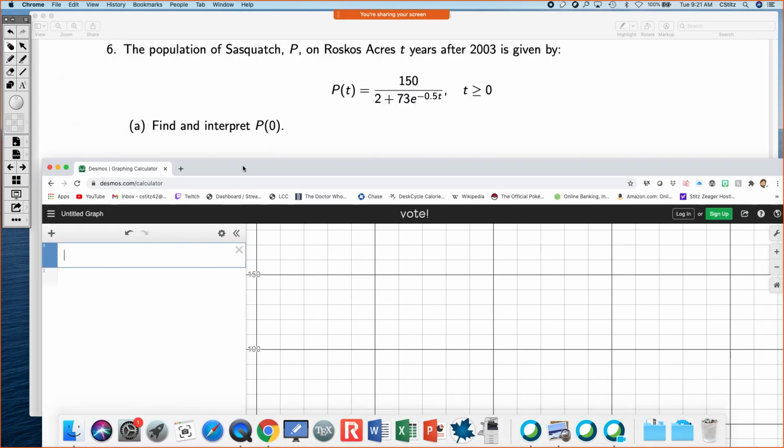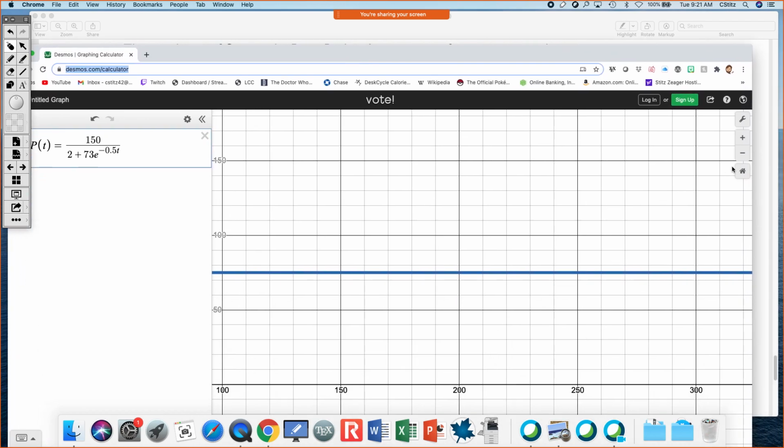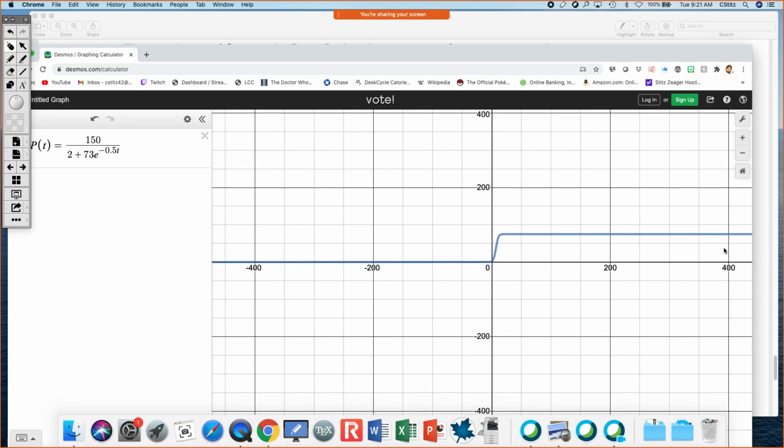So we got our P of t is 150 over 2 plus 73 e to the negative 0.5 t. Let's take a look at what's going on here. All right. Oops, let's zoom in a little bit.